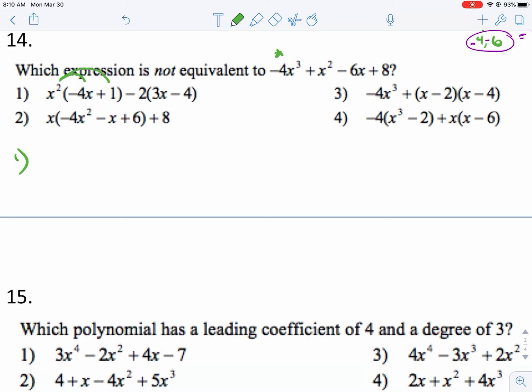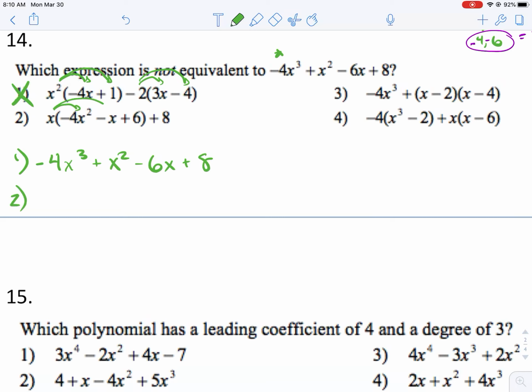So let's take a look at this first one. When you distribute, we're going to get a negative 4x cubed plus x squared minus 6x plus 8. And is that what we have up in the top there?